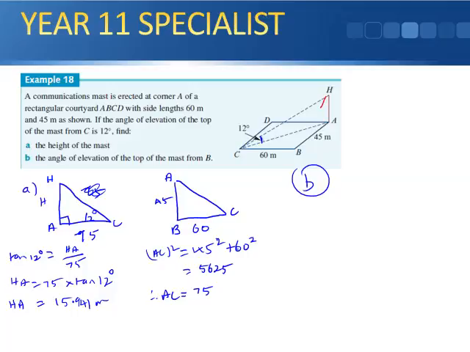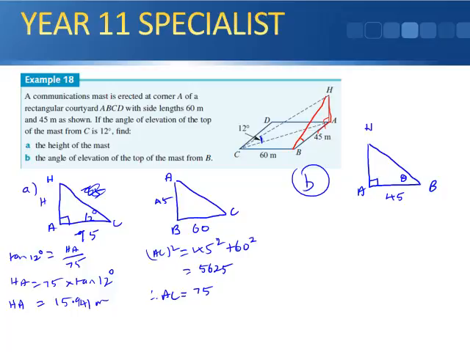Part B, the angle of elevation of the top of the mast from B. So that means from the top of the mast from B, we want that angle there. So we do have a right angle in there, because remember, that's the wall that meets with the ground. So I'll quickly draw that one up. I've got my H that goes down to my A, the right angle. That's going to be B. I need that angle there. That's 45.